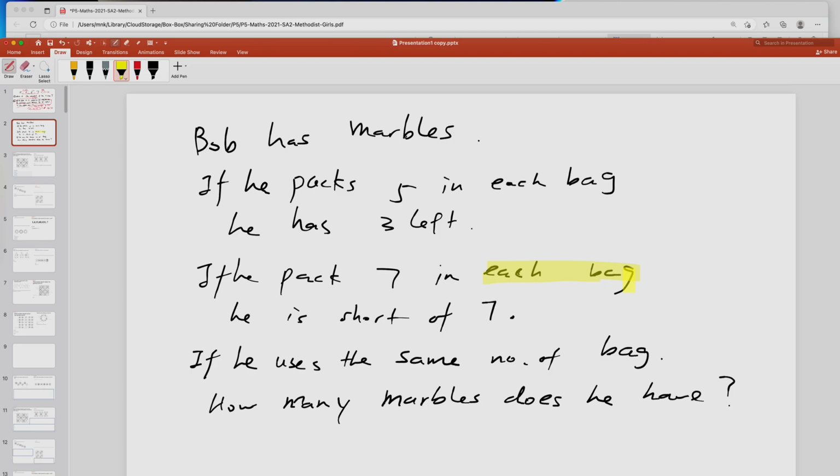So now which one should you find? Total, right? Where is it? So which one do you circle? Either this or this, right? Not and. So if they ask how many marbles does he have, which one? Total, yes.